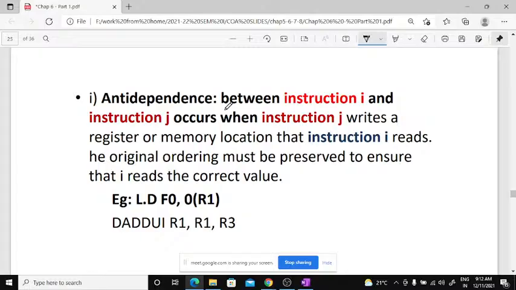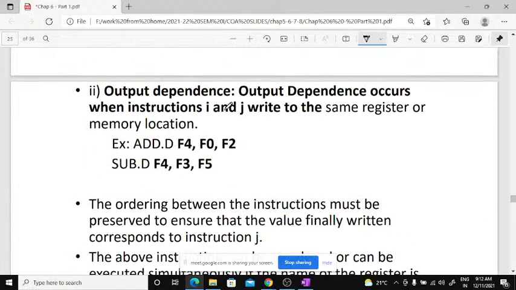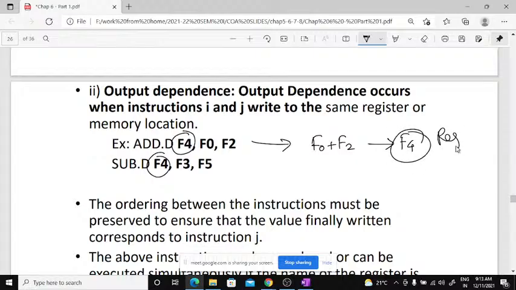Name dependency means there is the same name. For example, here F0 plus F2, both are added and the result is stored in the F4 register. And here F3 and F5 are also stored in the F4 register.